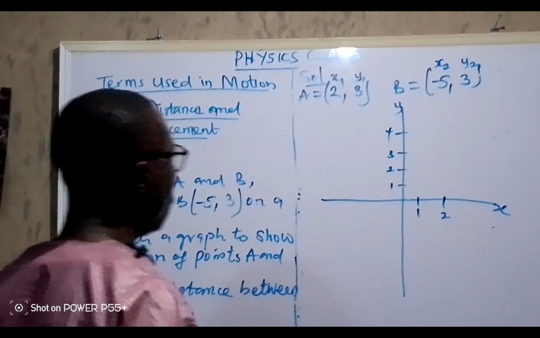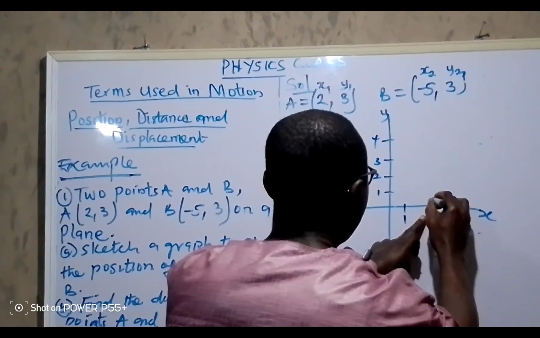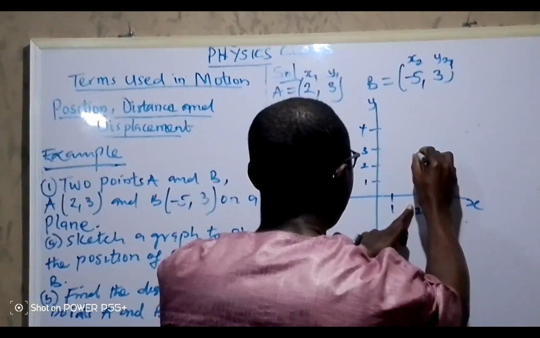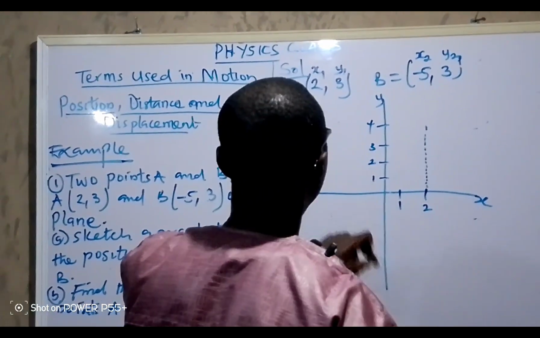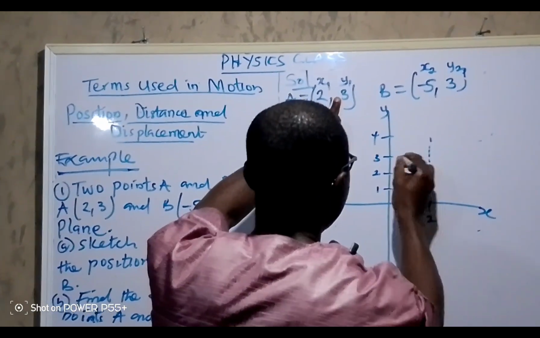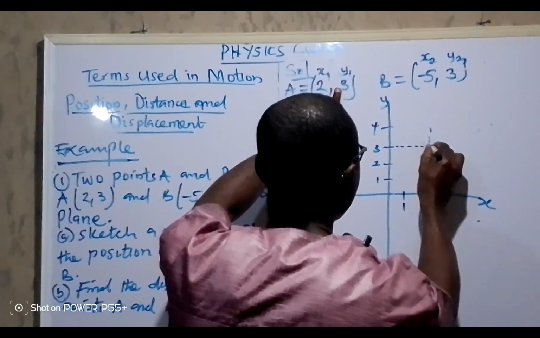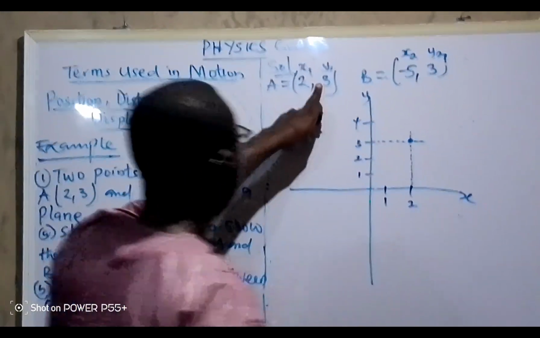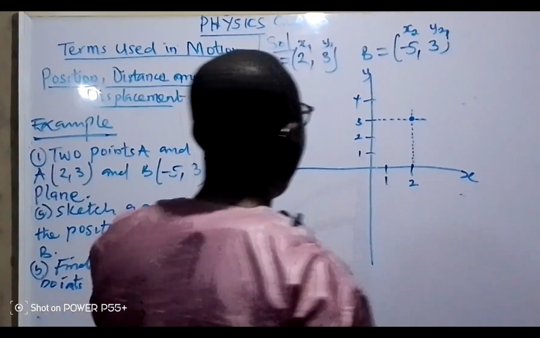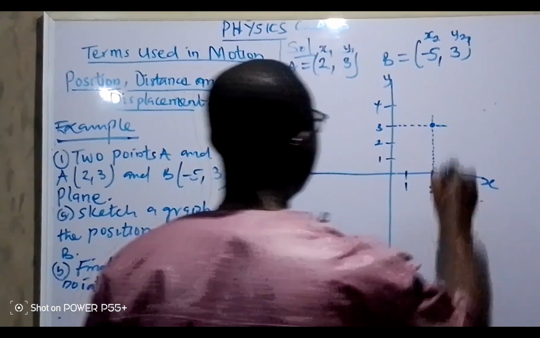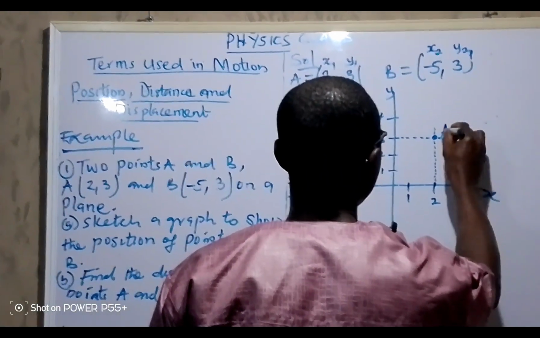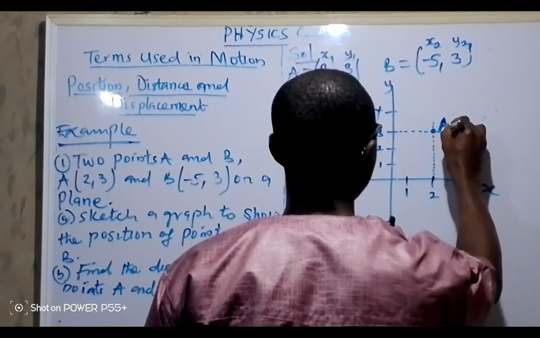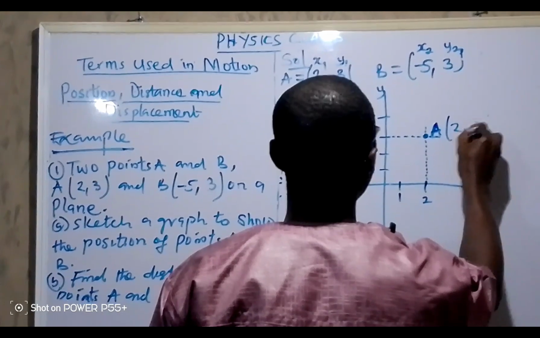So for x is 2, trace it out. For y is 3, trace it. So the point of intersection between x and y is where point A is located. So this is point A now, (2, 3).